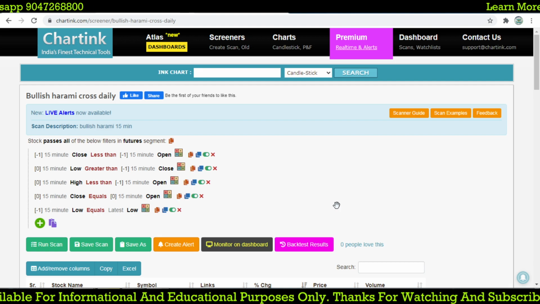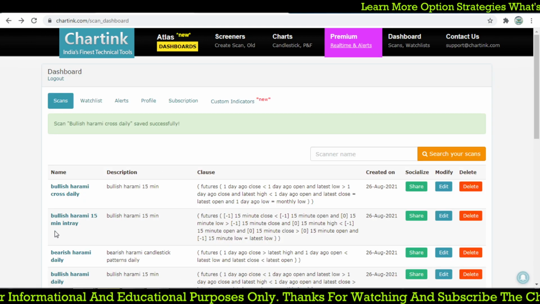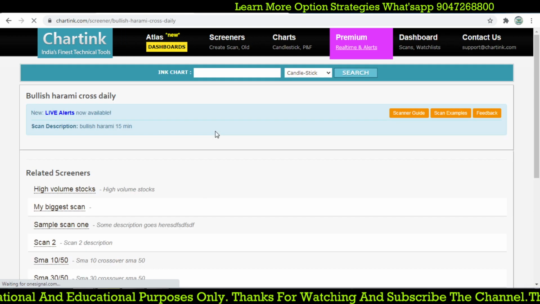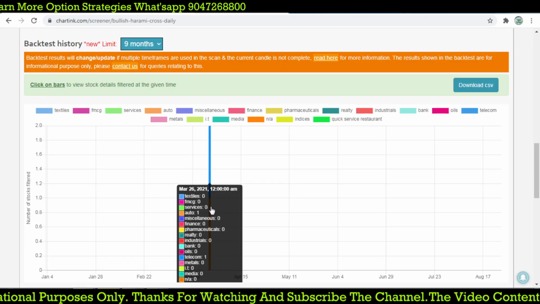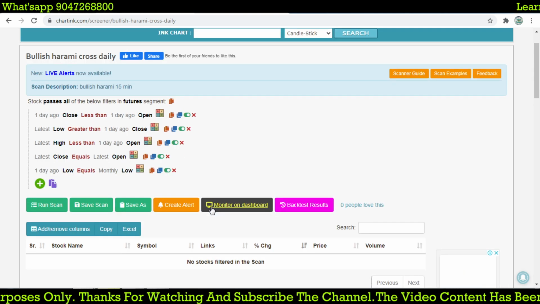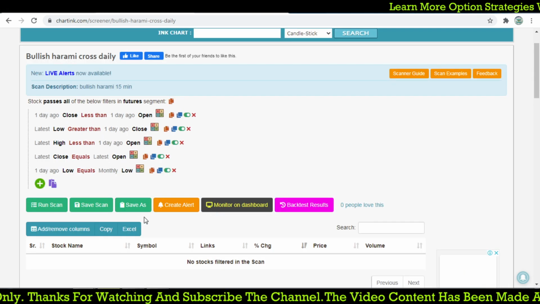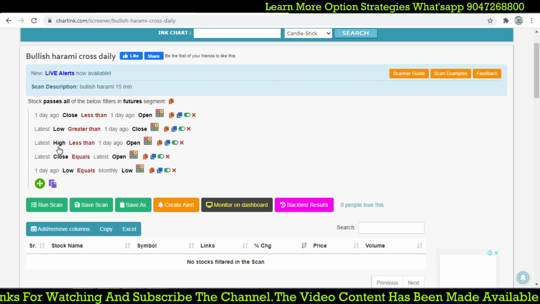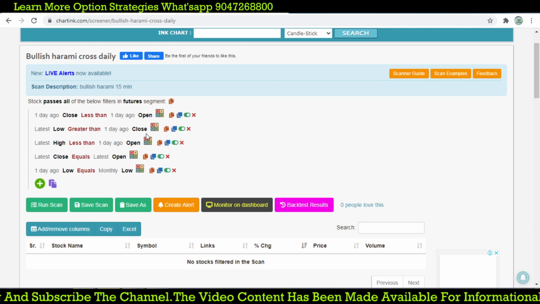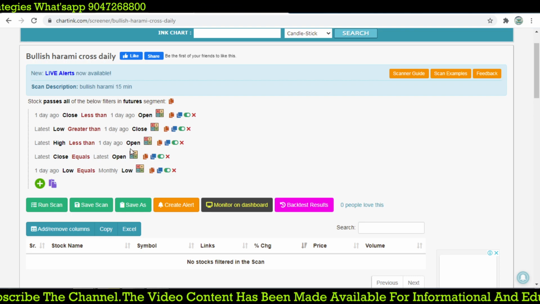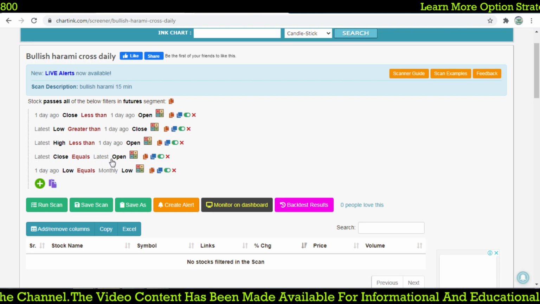So now you understand, and let's check the bullish Harami cross daily, whether it is working right or wrong. That was working great, we already backtested. Let me update the 15 minutes timeframe on that: high less than previous day open, low greater than previous day close, latest close equal to latest open.